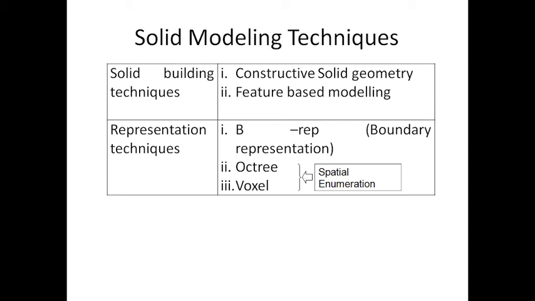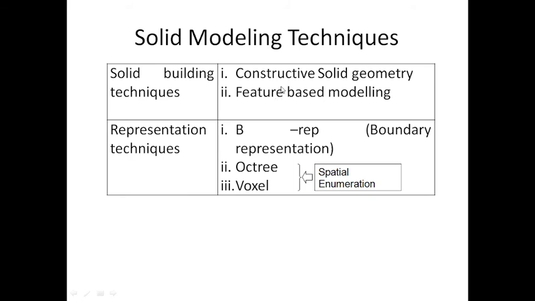The second technique is feature-based modeling. If you have used SolidWorks or NX or Fusion 360, they provide you features like extrude, cut, hole, etc. These are predefined features, and you have a feature library which you can see on the panel of the software, and with the help of these you construct the solid.